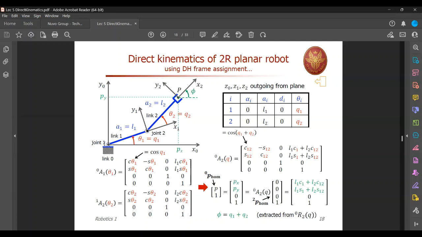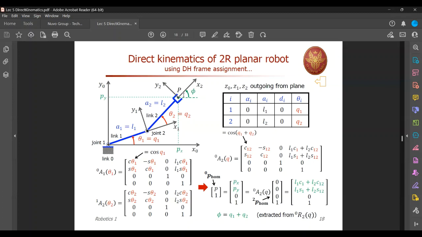So this is joint 1, the first joint. Before that is link 0. After that is link 1. And at the end of link 1, you have your coordinate frame. Link 1 coordinate frame is over here. And this is joint 2 or axis 2. But the coordinate frame is the first coordinate frame at the end of link 1.